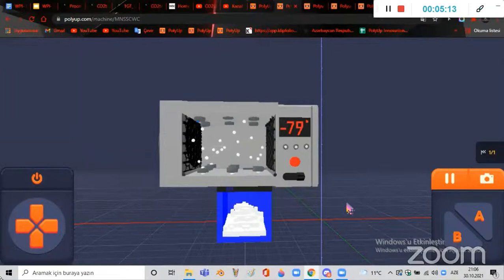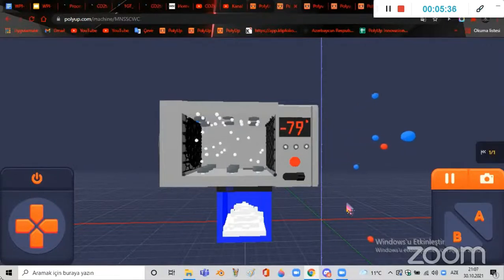The device captures the atmosphere. It attracts nitrogen gas, carbon dioxide, and oxygen gas. It then freezes inside the device at a temperature of minus 79 Celsius. Then nitrogen gas and oxygen gas come out on the other side. Carbon is converted into dry ice and stored in a special container.